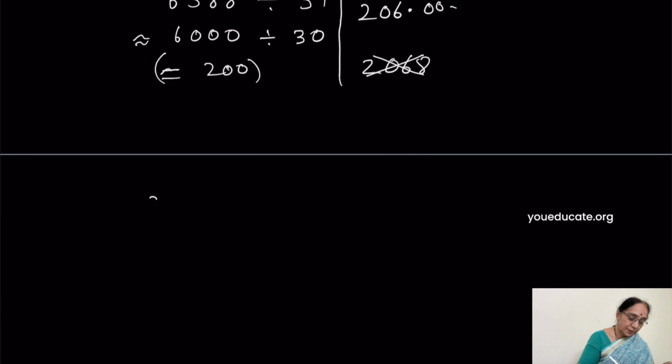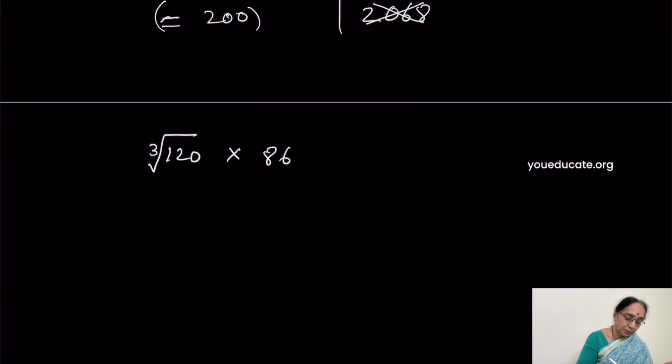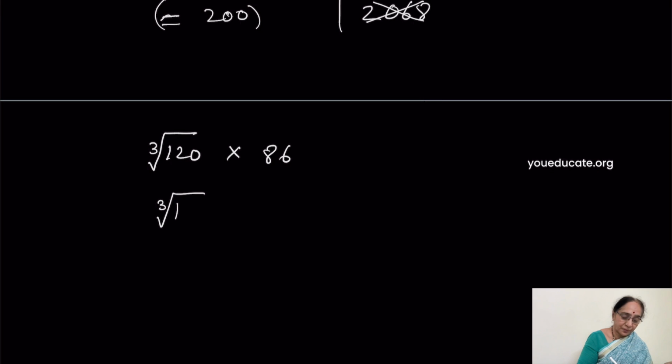If I want to find cube root of 120 times 86. Now 120 is not a cube number, so it's going to be some decimal. It's an irrational number and I don't know what that is. But I can always choose a cube number close to 120. So the cube number close to 120 is 125.